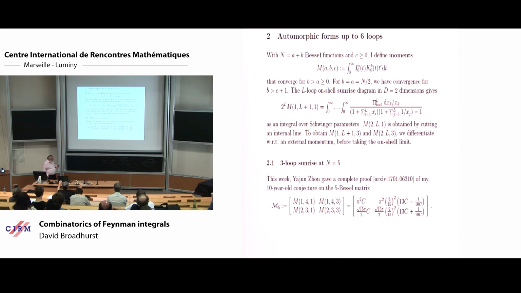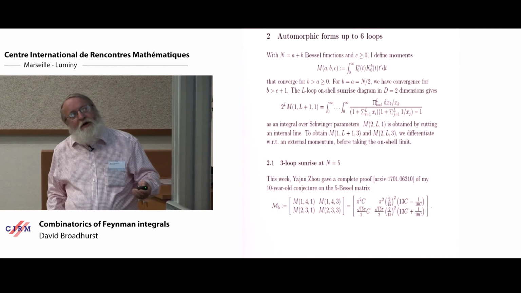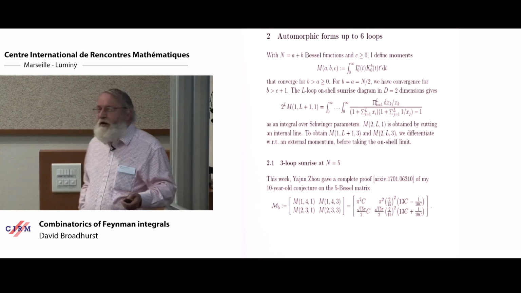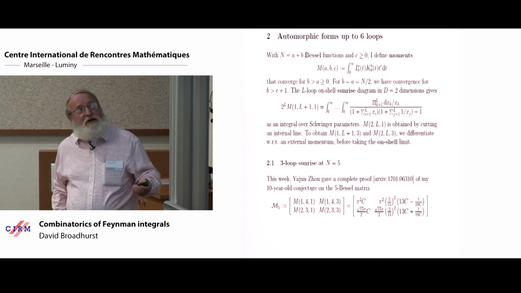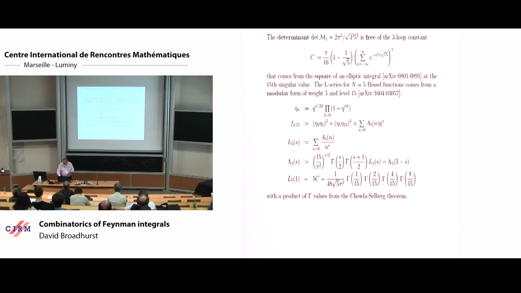It took John Baldwin and I hundreds of hours to prove this, almost as long to prove that. It took Spencer Bloch, Matt Kerr, and Pierre Vanhove about 5 years from me first doing it to prove this. And this week he proved that, and so my value for the determinant of the matrix is now proven.